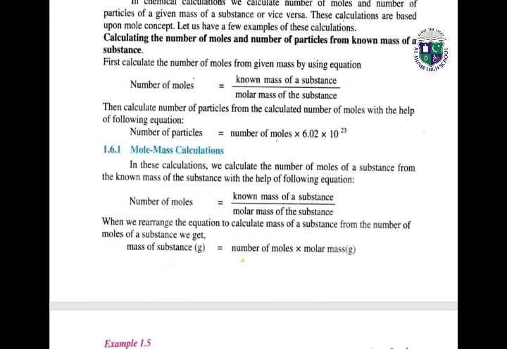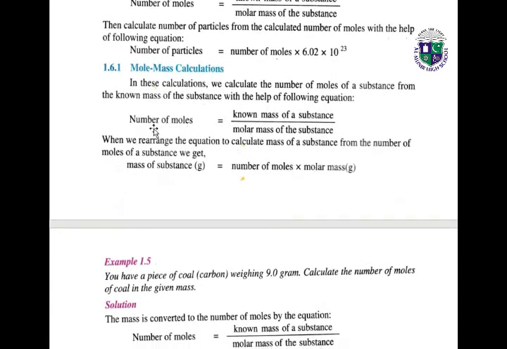Next, we can find the mole-mass calculations by this formula. Number of moles is equal to known mass of a substance over molar mass of a substance. When we rearrange this equation to calculate mass of a substance from the number of moles, we get this: mass of a substance in grams is equal to number of moles into molar mass in grams.